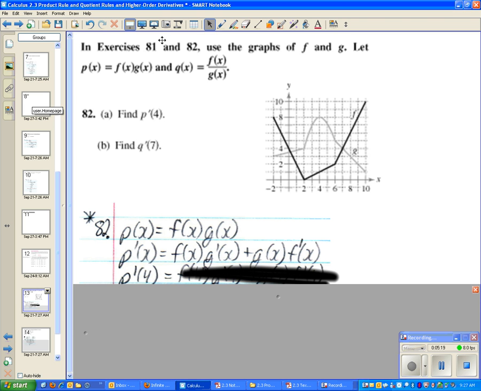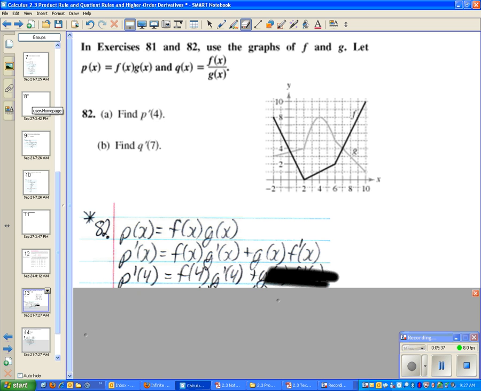So if we're finding the value of the derivative when x equals 4, instead of f of x, wouldn't that be f of 4? And can't we make g prime of x g prime of 4? And g of x is going to become g of 4, and f prime of x becomes f prime of 4.